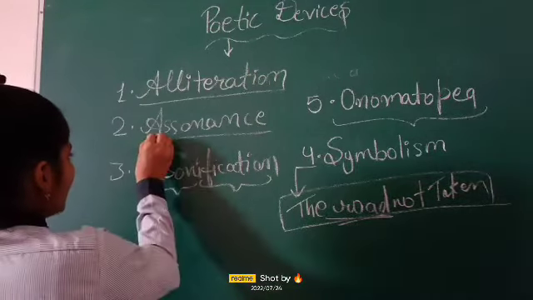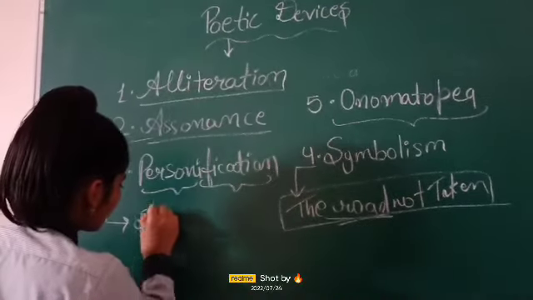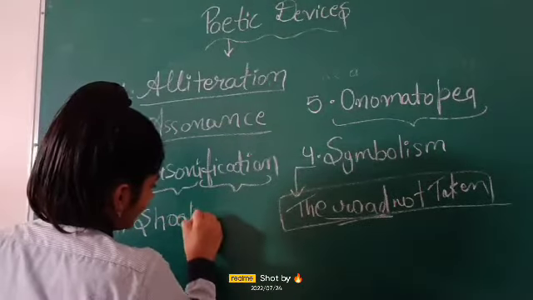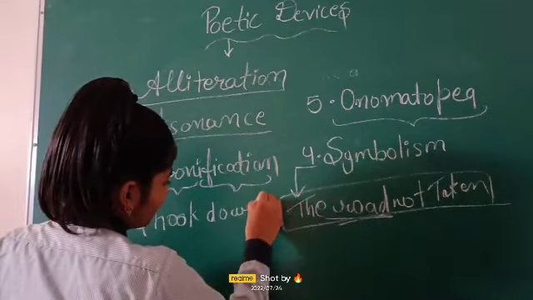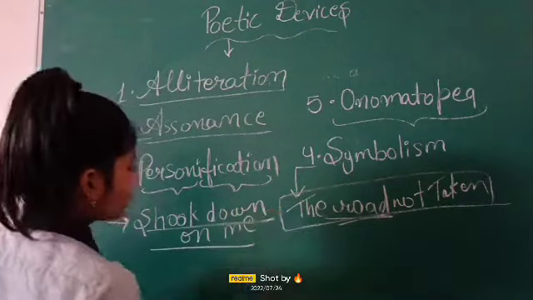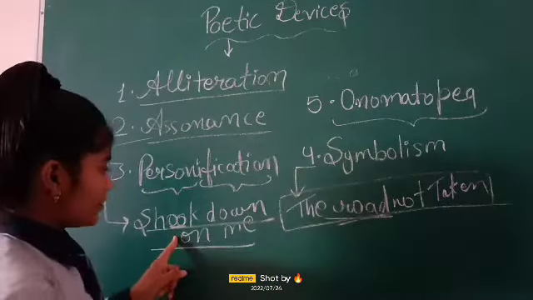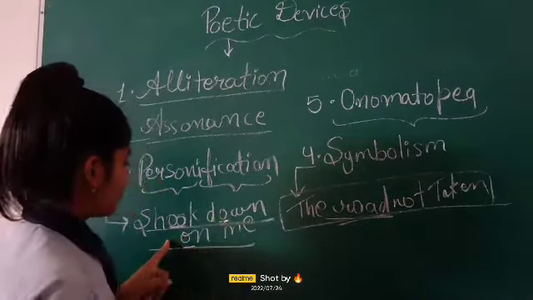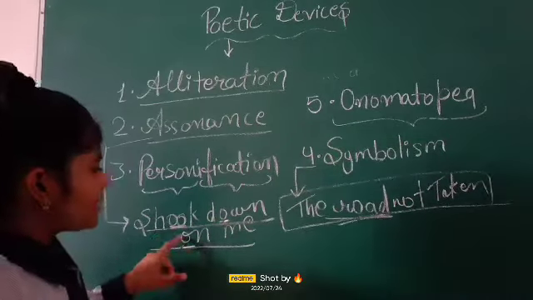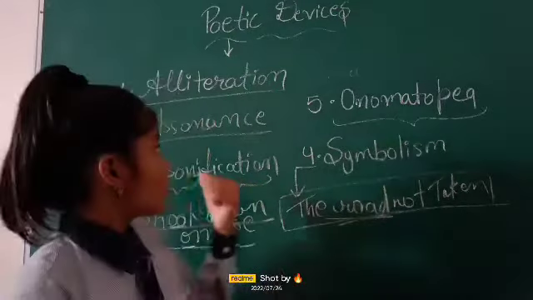Now taking an example of assonance, if we say "shoot down on me", see here, there is O two times, there is one more O, there is one more O. So we can see there is a dominance of the letter O, which is a vowel.